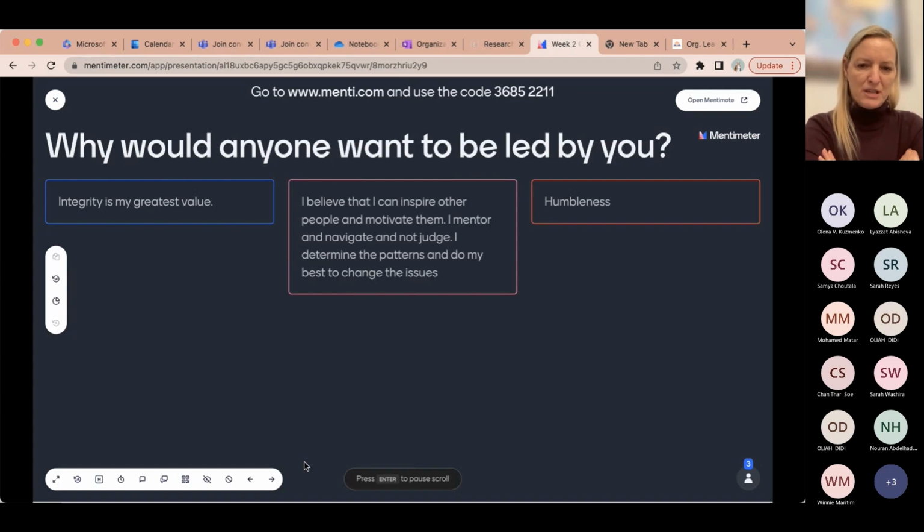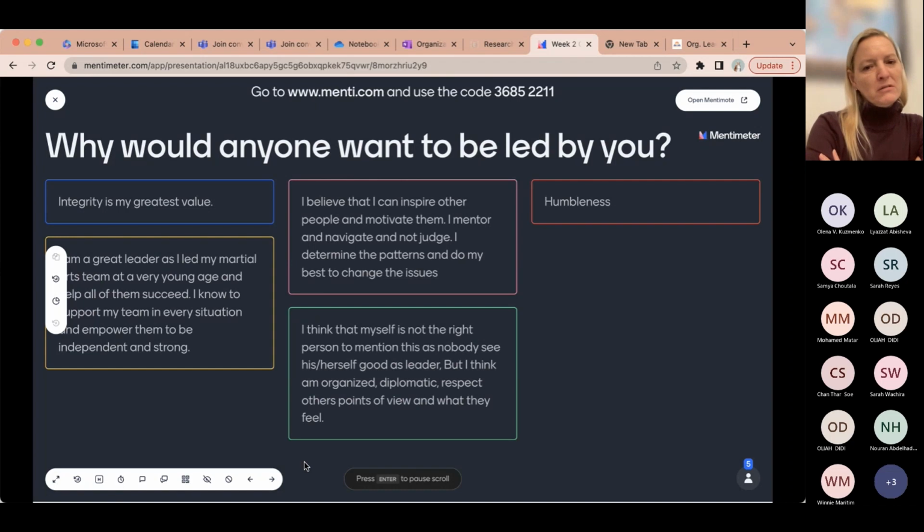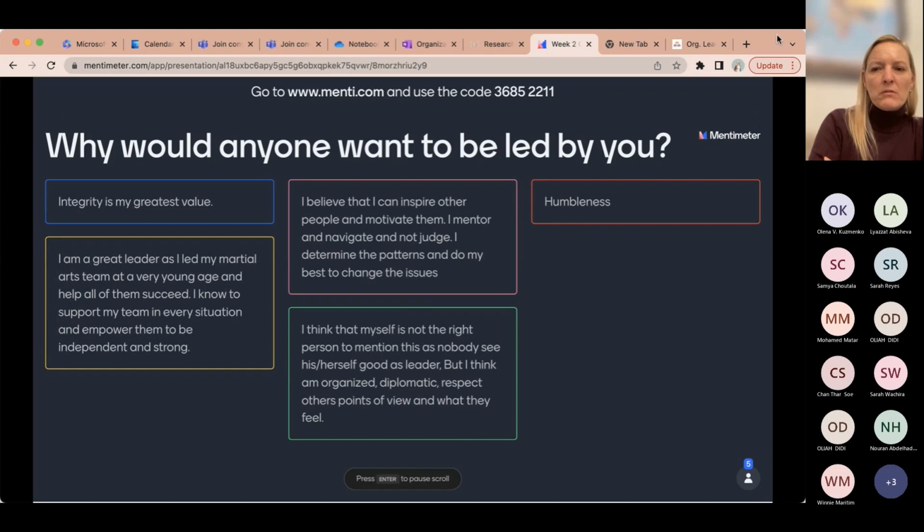Inspiration and motivation. Non-judgmental. Looking at the patterns to be a change agent.